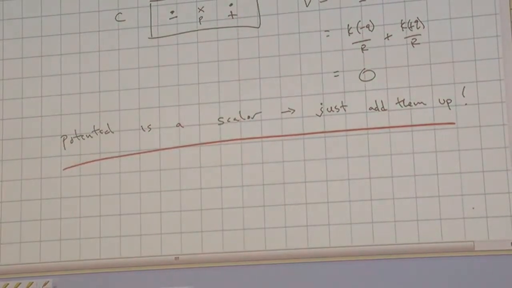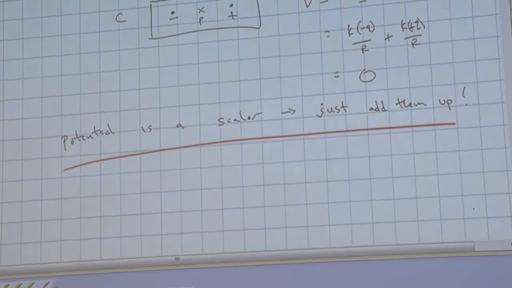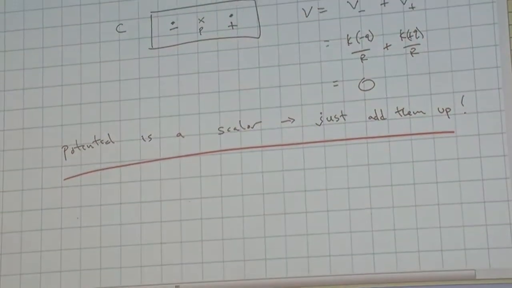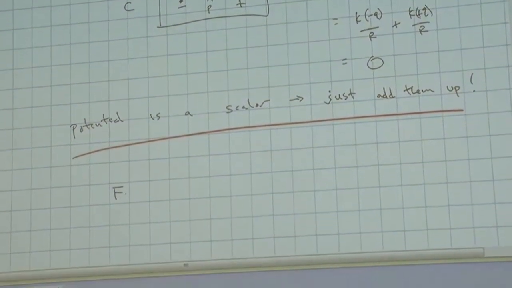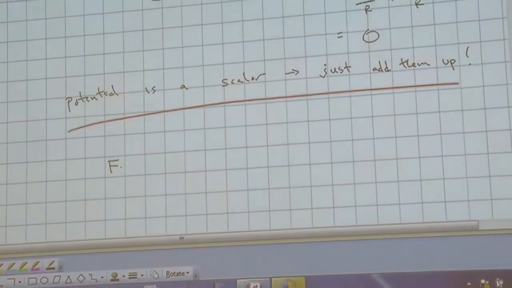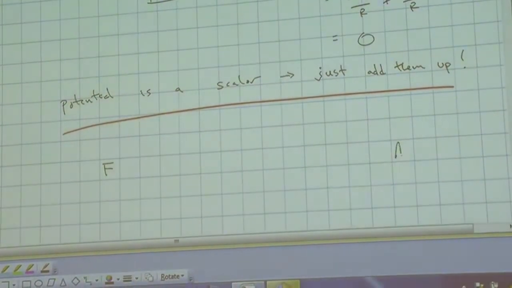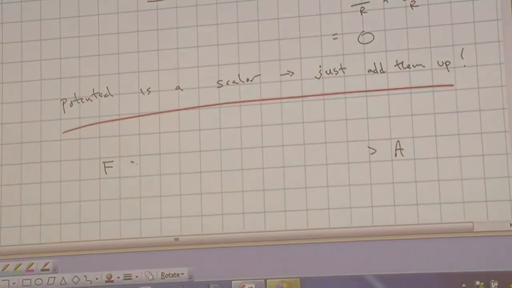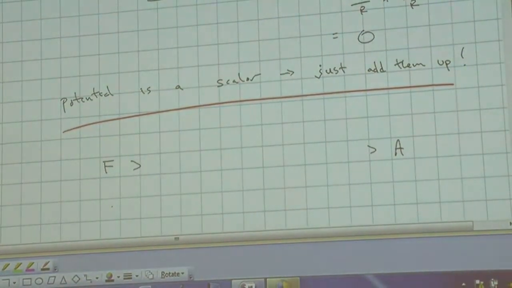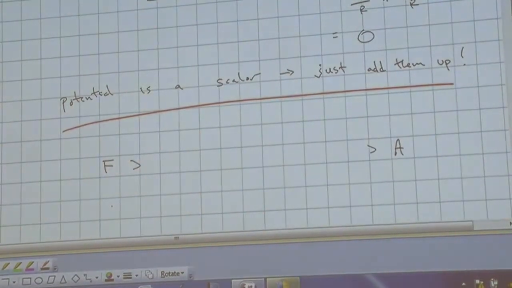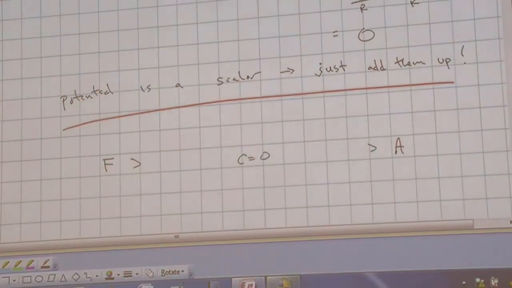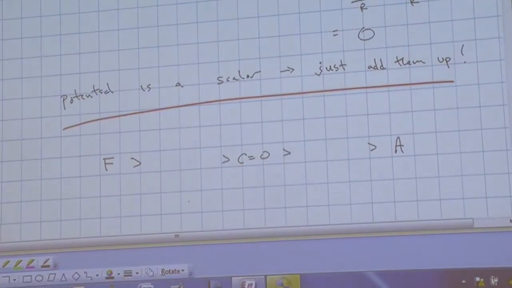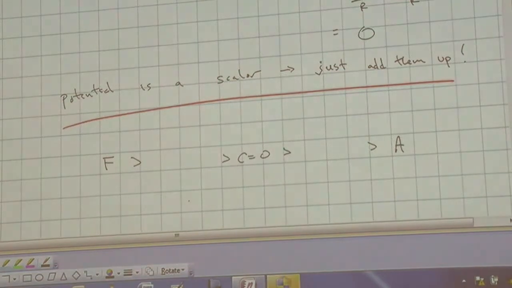So which one is our most positive? Let's rank them. F is the most positive. A is the most negative. There's a 0 somewhere. C is 0. And what else do we have?